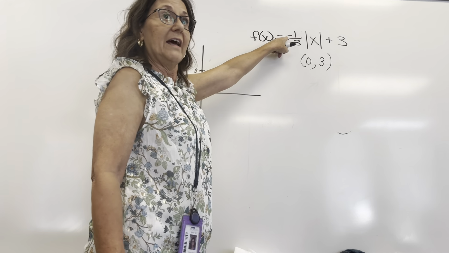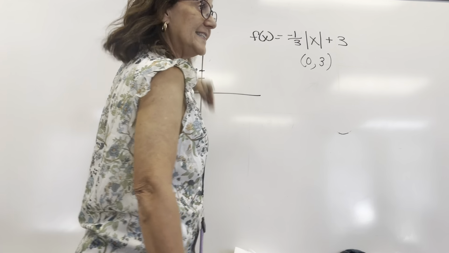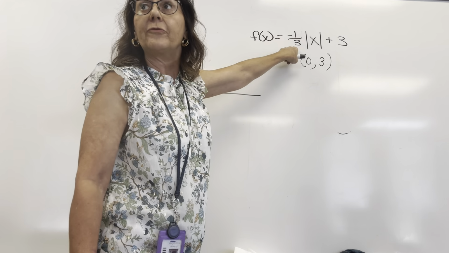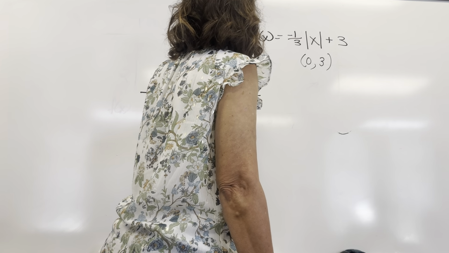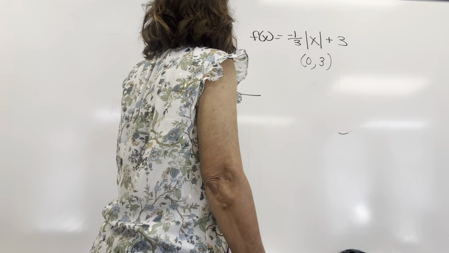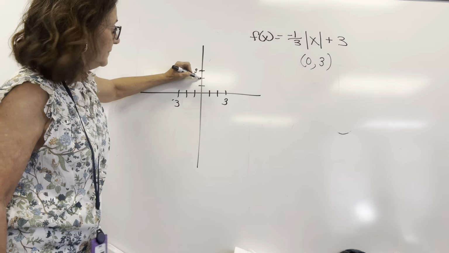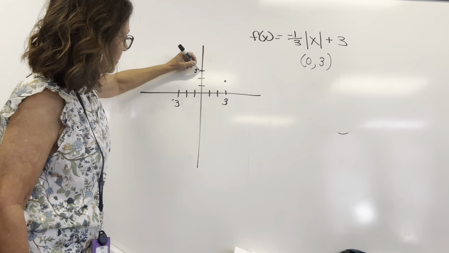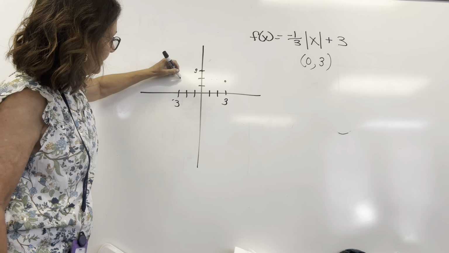Because it's negative on both sides, it's going to go down. So we're going to fall 1 as we run 3 on both sides. Fall 1 as we run 3.